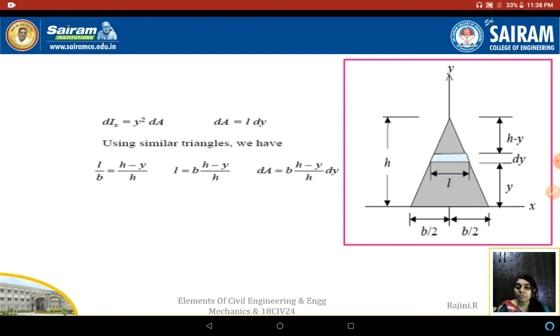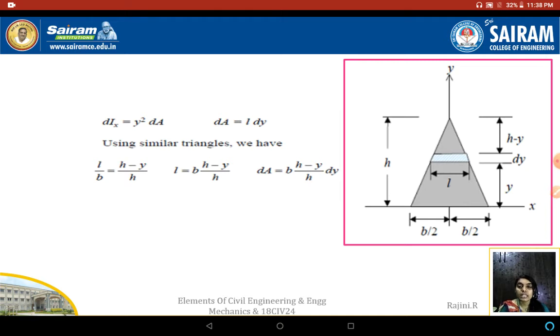That is l by b is equal to h minus y divided by h. Then we shift this side, keeping l alone, because we don't know this l measurement yet, so we find l separately. l is equal to b into h minus y divided by h.